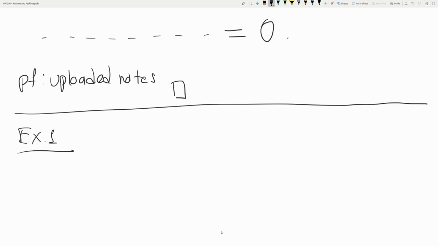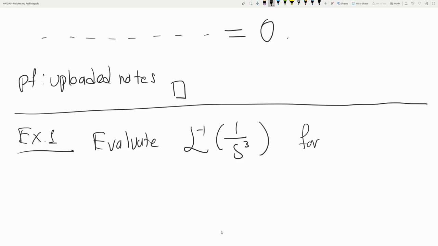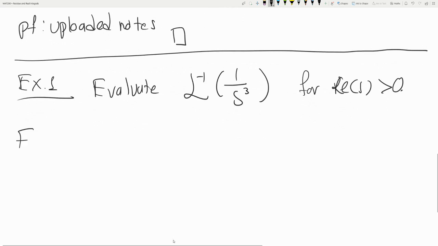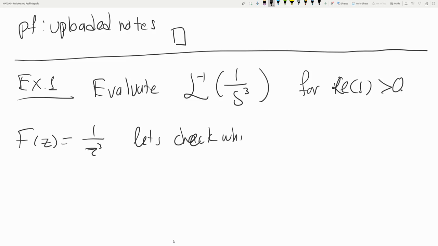Example: evaluate the inverse Laplace of 1 over s cubed, for the real part of s positive. First of all, this is the function, so f of z is 1 over z cubed. Let's check which case it satisfies.